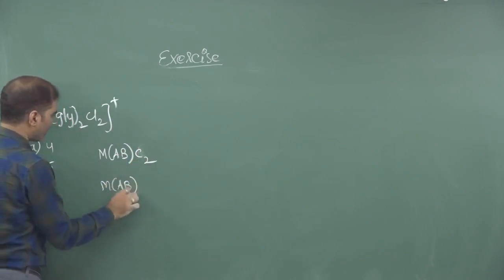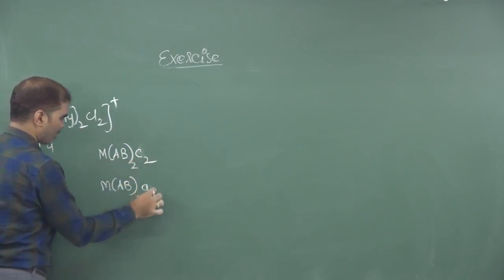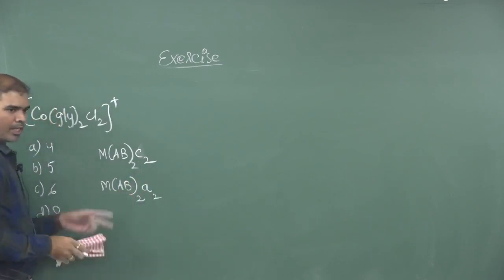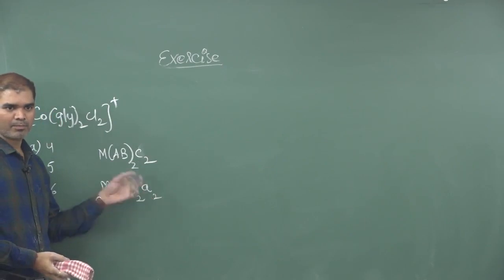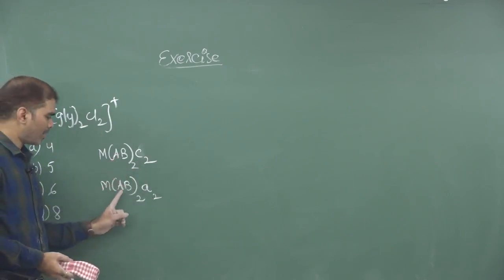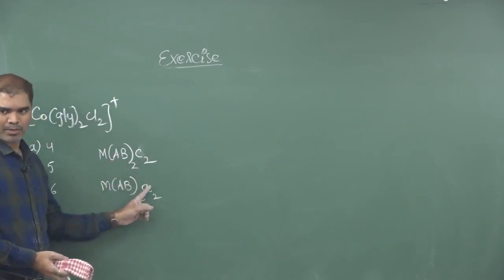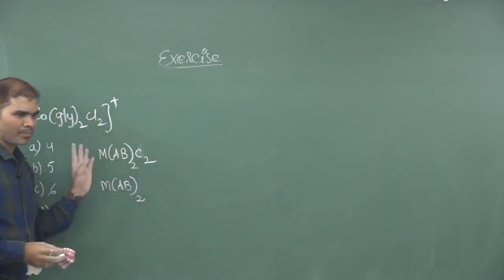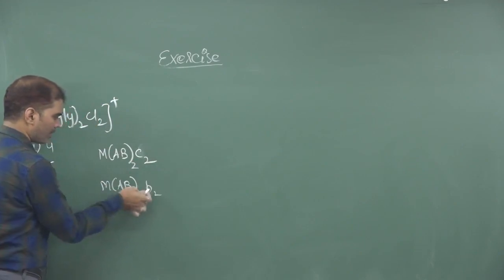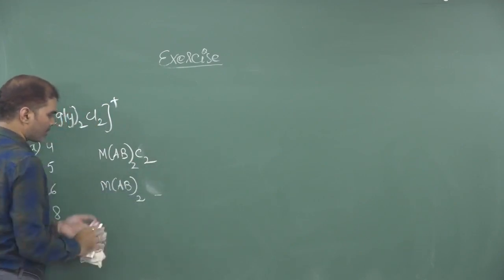Even I can put AB taken twice. I can also put A2, where a small a or lowercase indicates a monodentate ligand. But here we have already written A, so you may get confused. For that reason, generally we put an alphabet which is not here. You can also put B2, anything you can put.